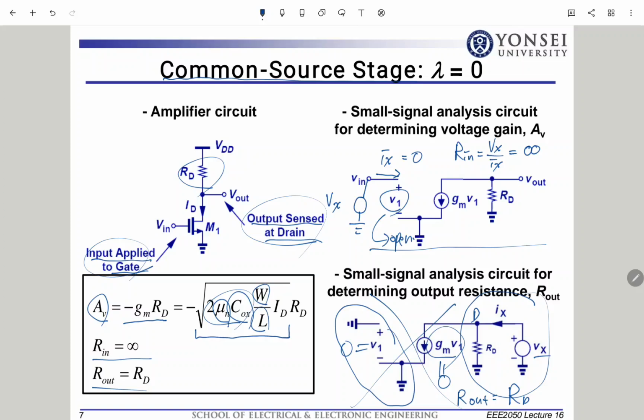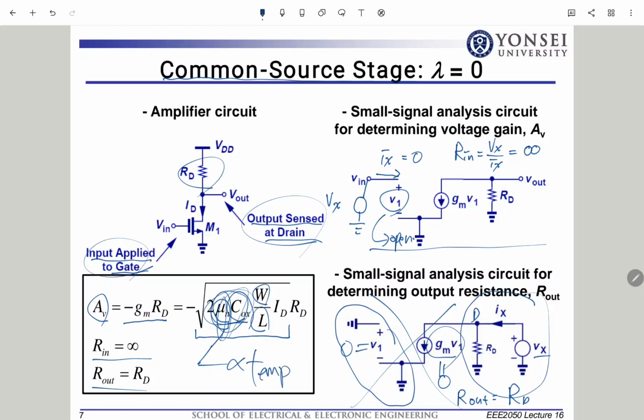So when you design a MOSFET transistor, you have to try to omit these two effects, mu and Cox, because mu depends upon the temperature.